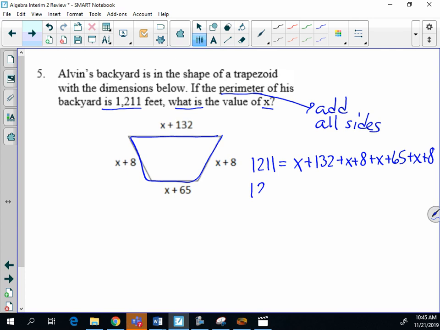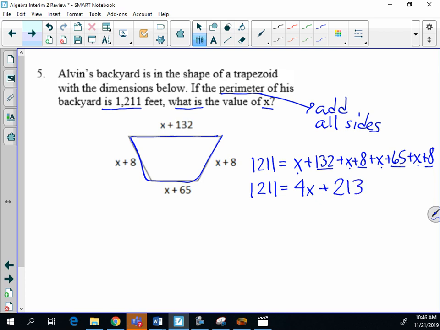So 1,211 equals 1, 2, 3, 4, 4x. And then I add up 132 and 8, that's 140. That gets me to 205, and this gets me to 213. So I have plus 213.